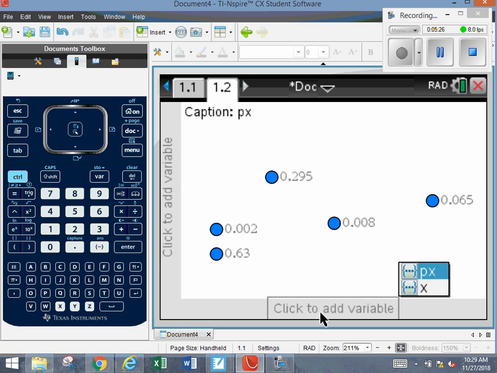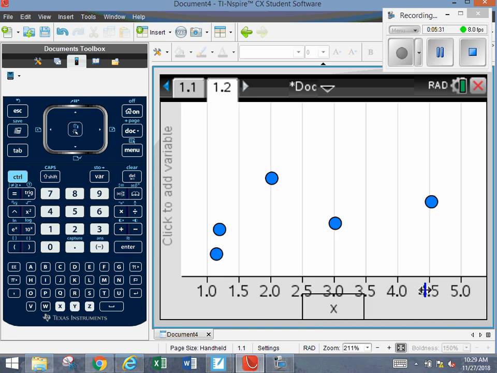We're going to make this variable x. We're going to make our axis x, and then you might be inclined to try to make this px. Don't do it. It's going to assume that you have some sort of a bivariate relationship, and that's not what this is.